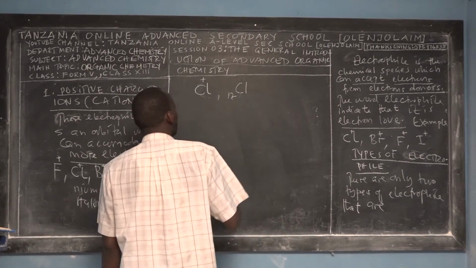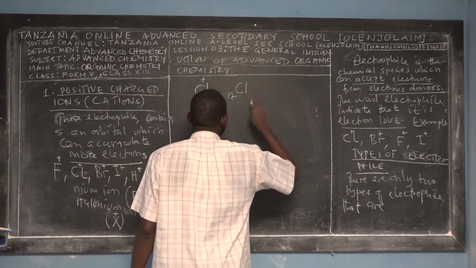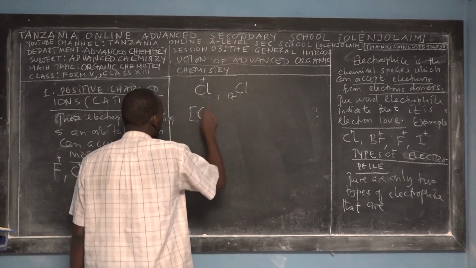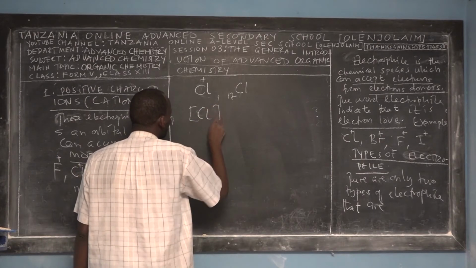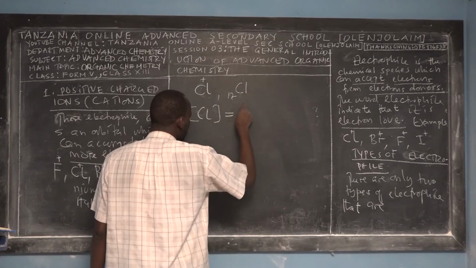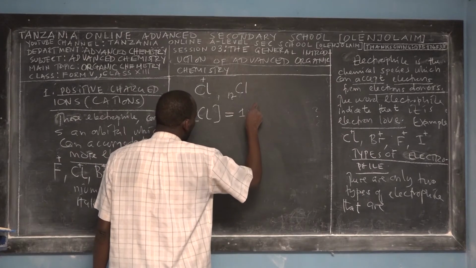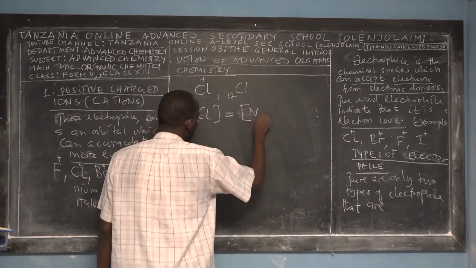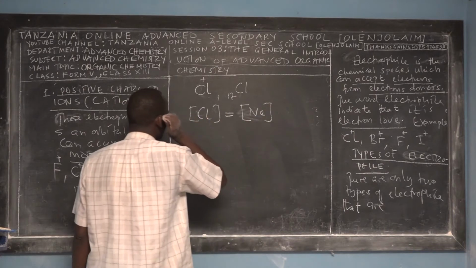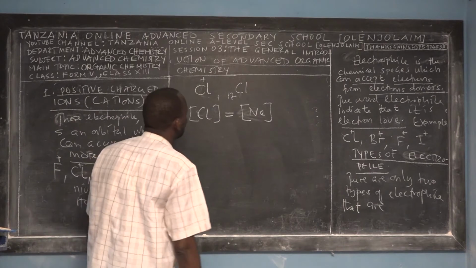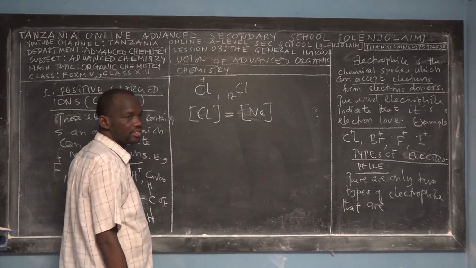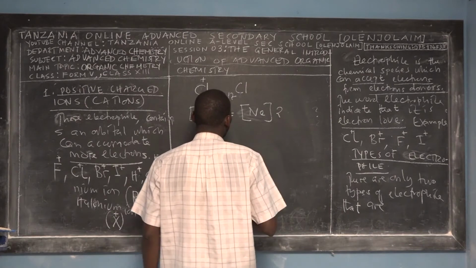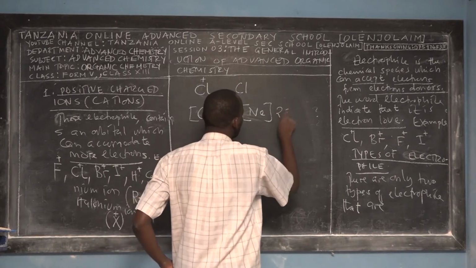If you write the electronic configuration of chlorine, it is equal to what? Neon, with 7 remaining electrons. Next it is 2s, 3s.